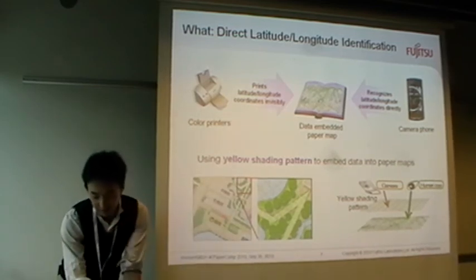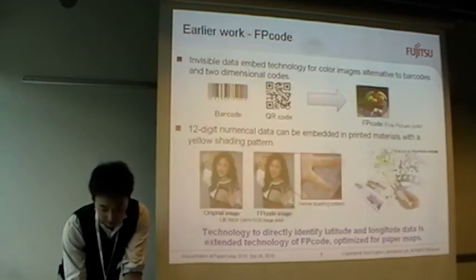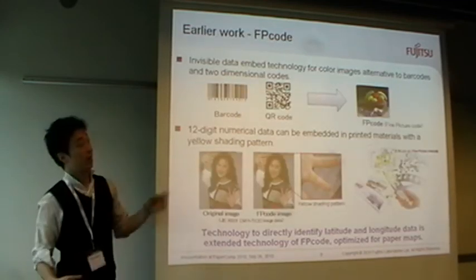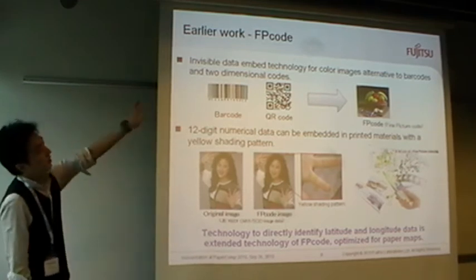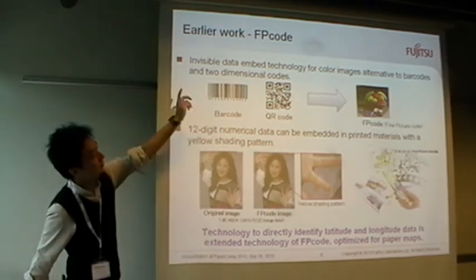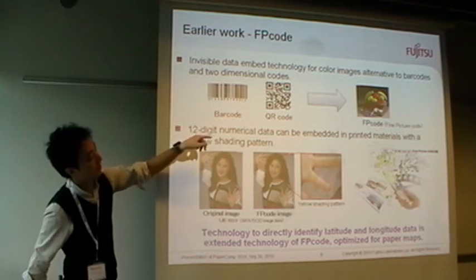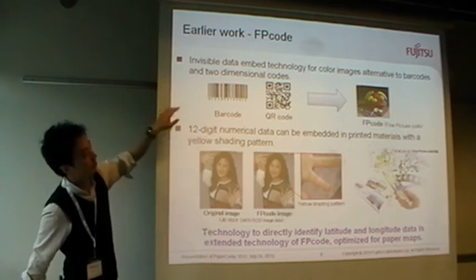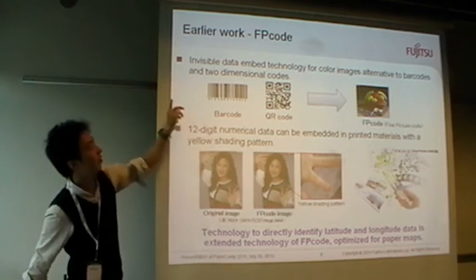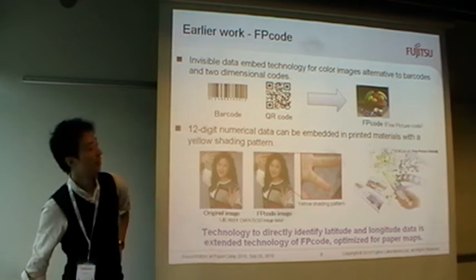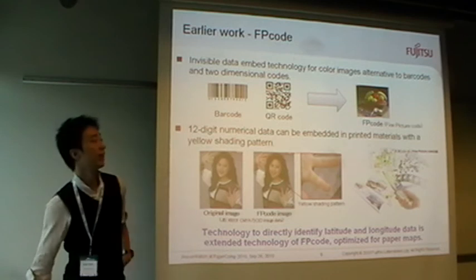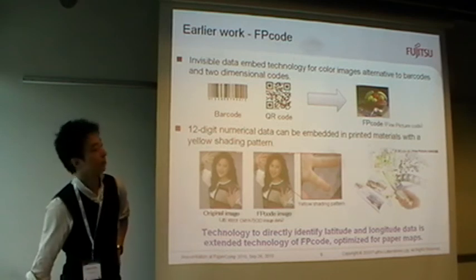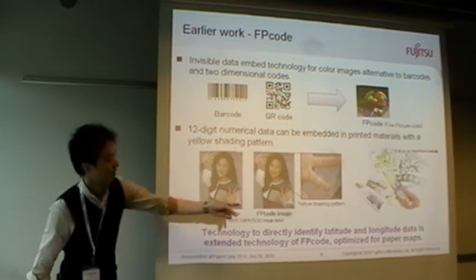And this embedding method was used in our earlier work, FP code. FP code is an invisible data embedding technology for color images, aimed at replacing barcodes and two-dimensional codes. In FP code, 12-digit numerical data can be embedded into printed images with yellow shading patterns.